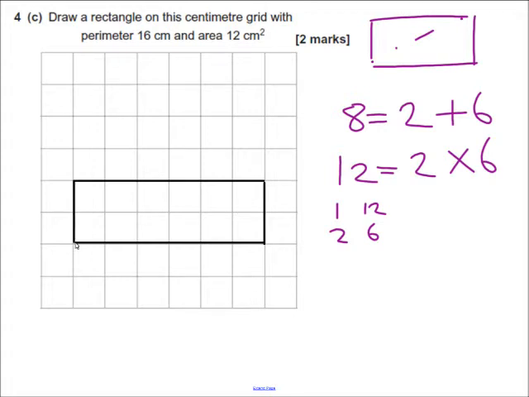So that's the rectangle, which has a perimeter of 16 and an area of 12. A length of 6, 2, 6, 2 gives us a perimeter: 6 plus 6, which is 12, 14, 16, and then an area of 6 times 2, which is 12 centimetres squared.